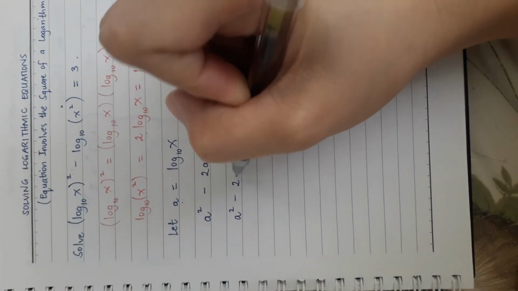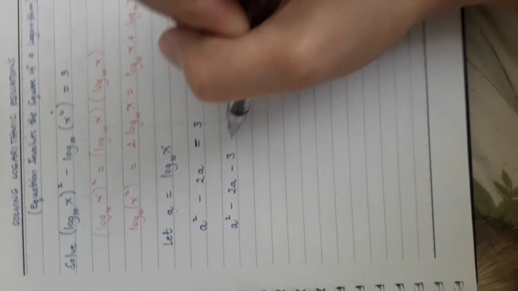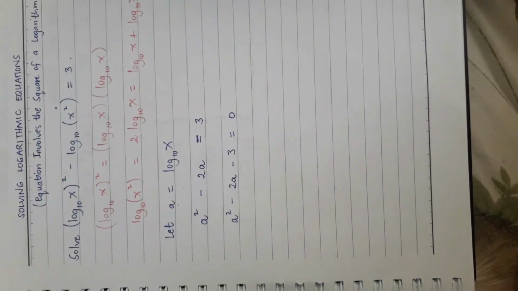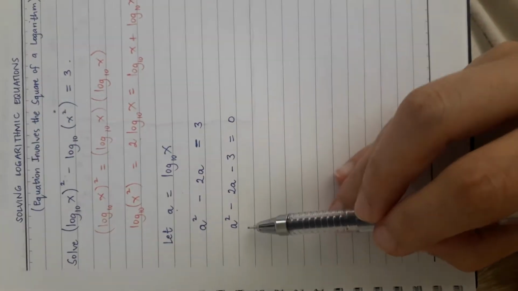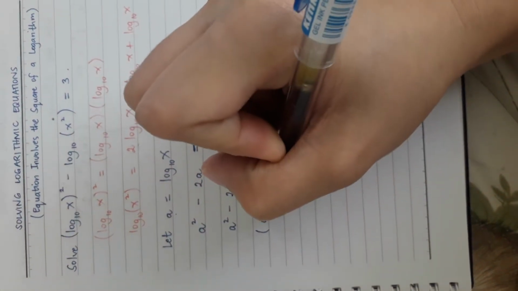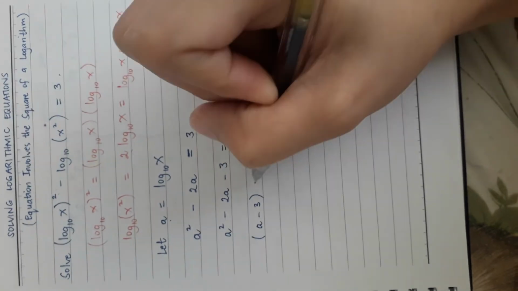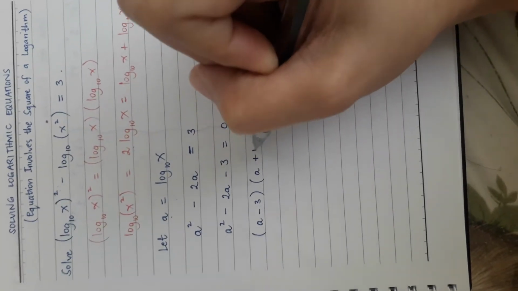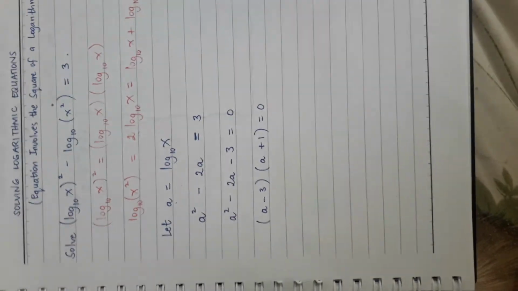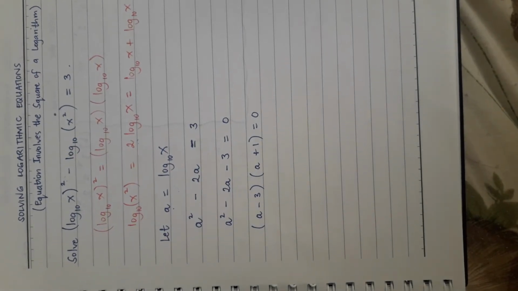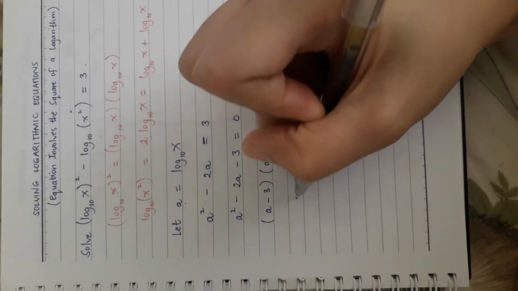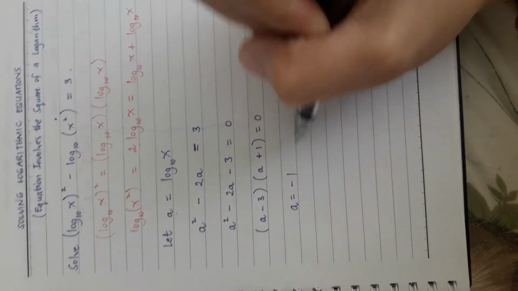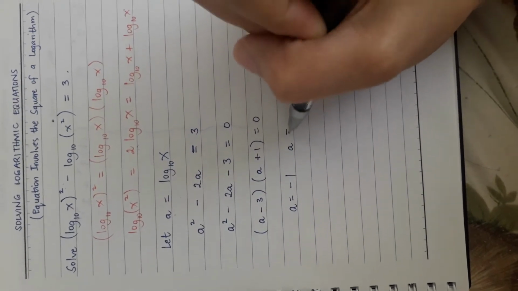Here, I will be using factorization to solve the quadratic equation in terms of a. So the factors are a minus 3 and a plus 1 equal to 0. Okay. So the values of a are negative 1 and 3.